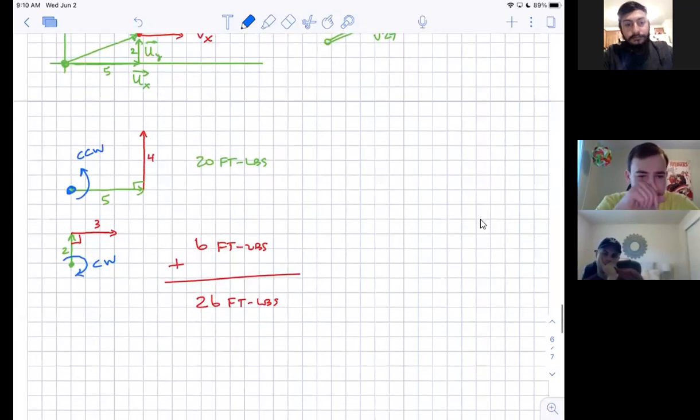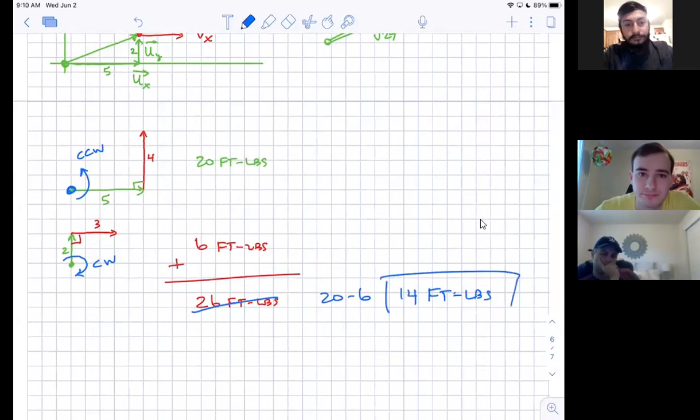So, that's the right answer. And I guess we'd have to make the note that it was counterclockwise, right? Because the 20 was bigger, right? And you know, counterclockwise is called positive. So I could just say positive 14 and that would mean the same thing.